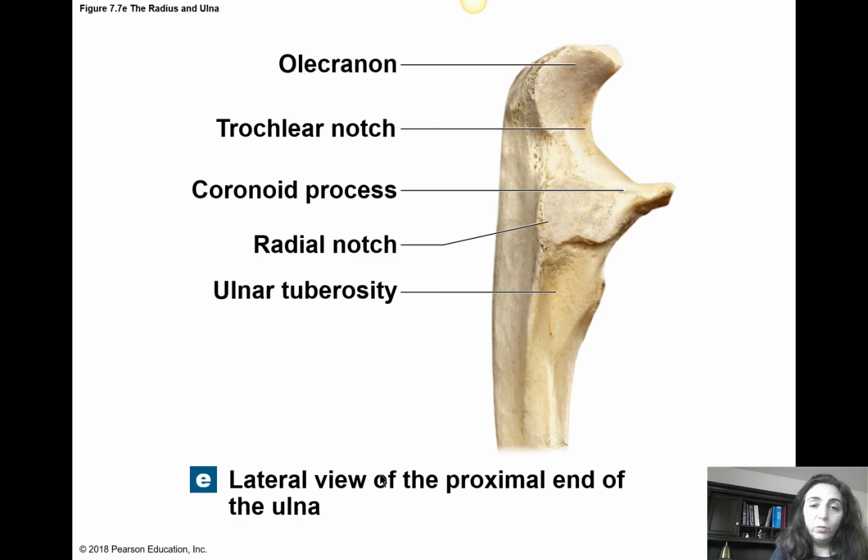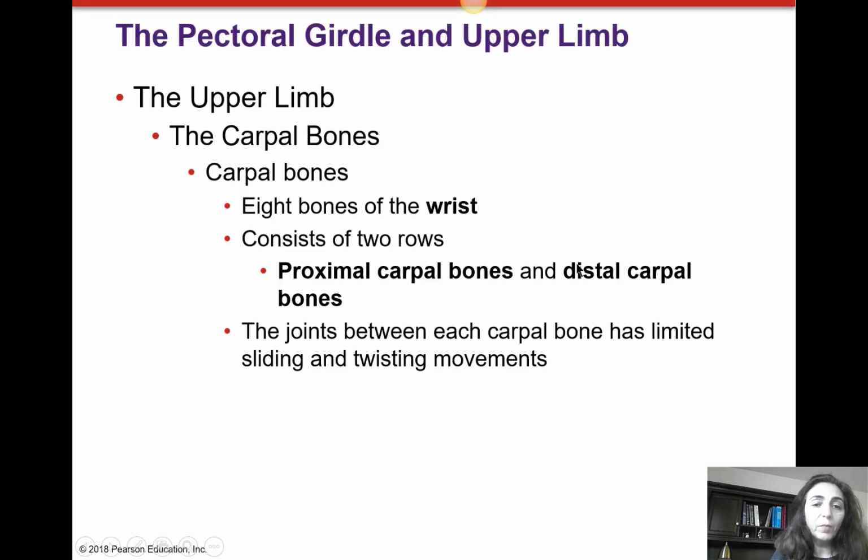So we have talked about all of this: olecranon, trochlear notch, coronoid process, radial notch, and this ulnar tuberosity toward the anterior side. So that was all about the radius and ulna for the forearm.